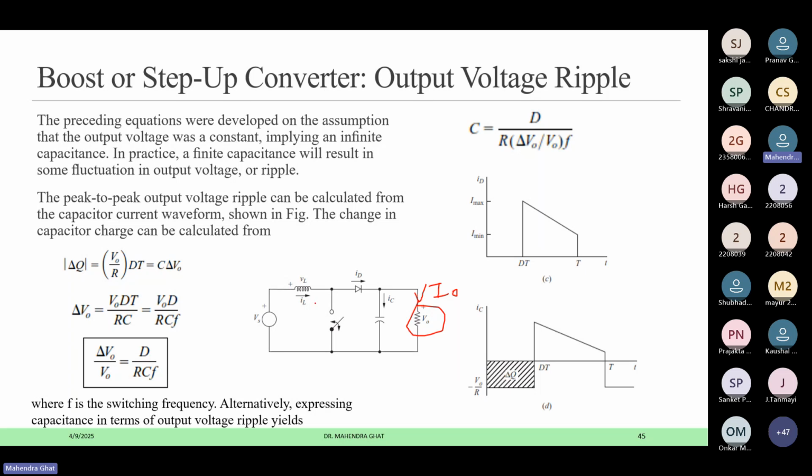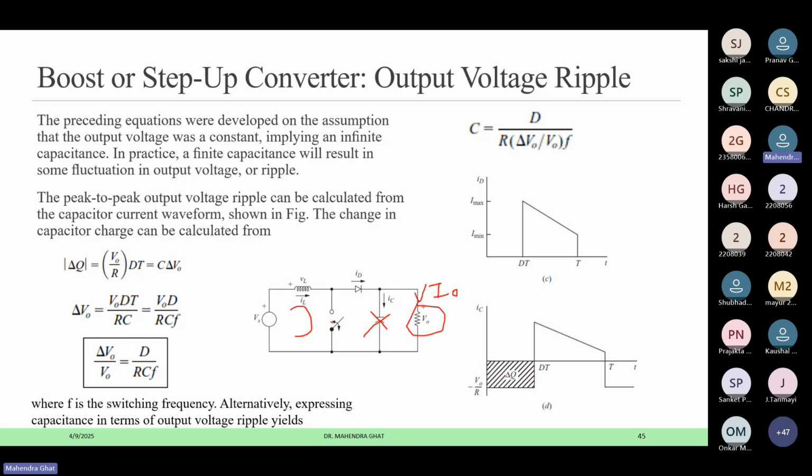But from an operation point of view, what is happening if this capacitor is not there? When the switch is closed, current is flowing in this direction. So there is no current flowing through the diode, so IO becomes zero if this capacitor is not there.